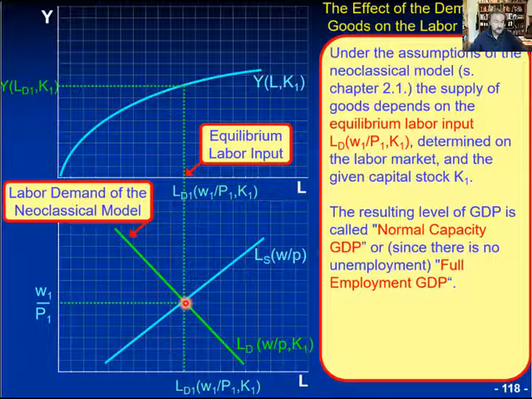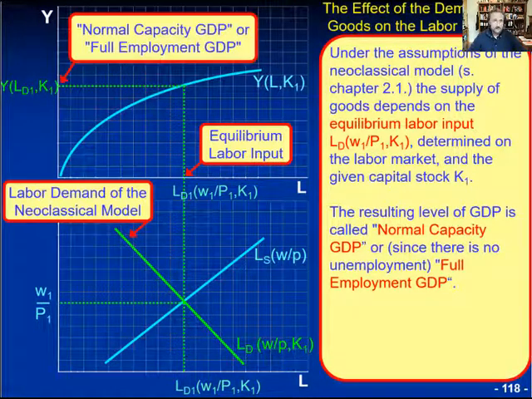The resulting labor input is then used to produce GDP, which is then supplied on the market for goods. The resulting level of GDP is called normal capacity GDP or full employment GDP.